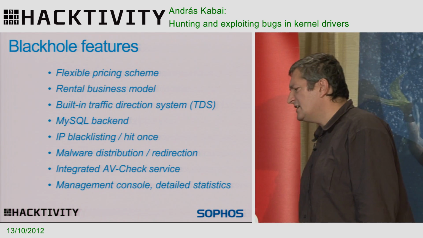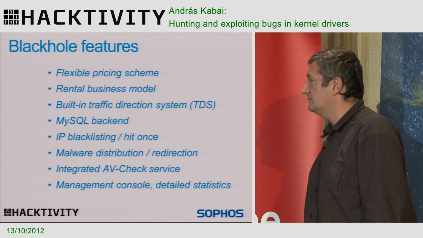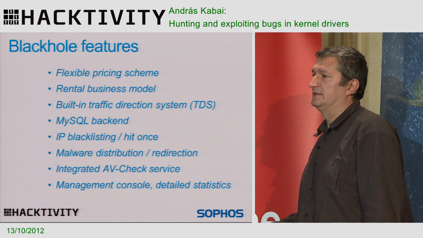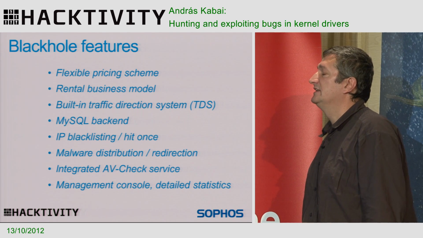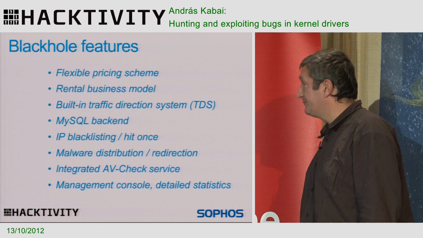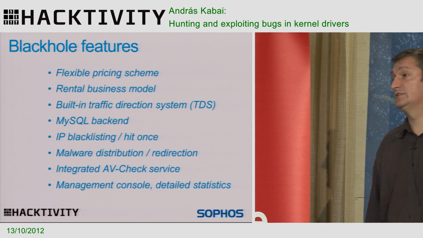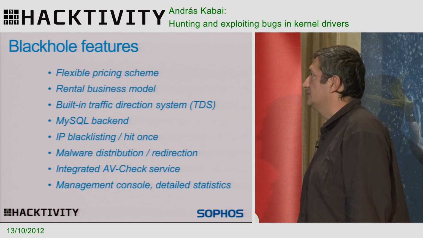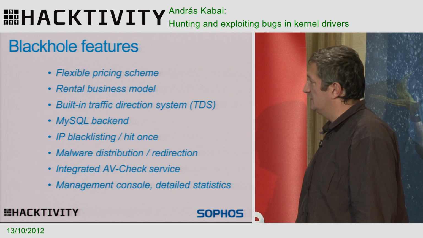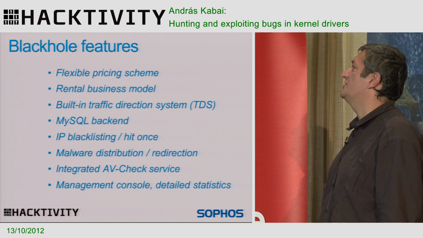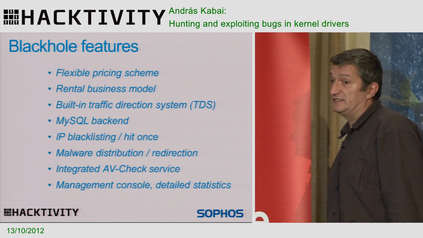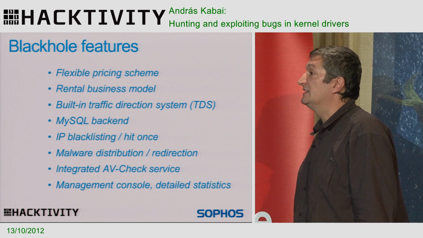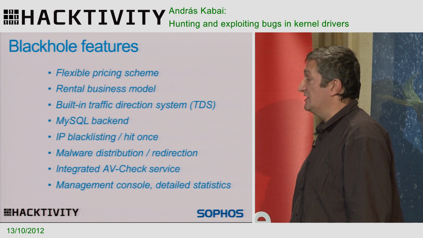So the server side has a pre-installed antivirus software functionality, and the operator of the site can check if the malware it intends to distribute is still undetected by this antivirus software. It also has a management console which gives detailed statistics about the exploits being delivered and the computers being infected.